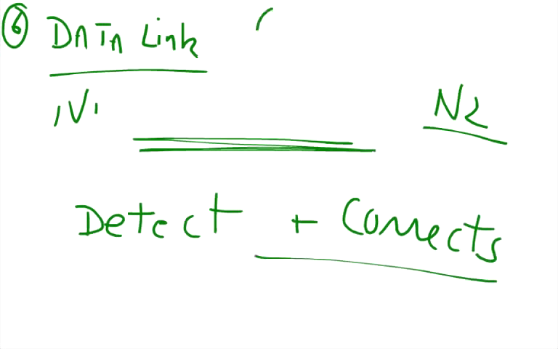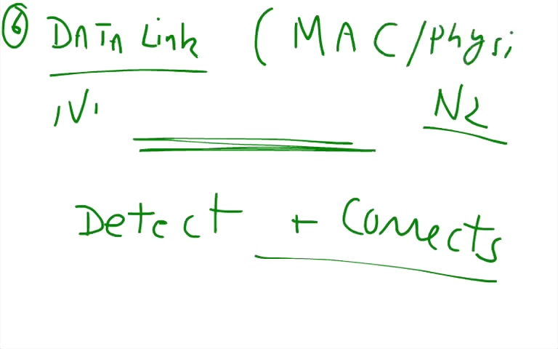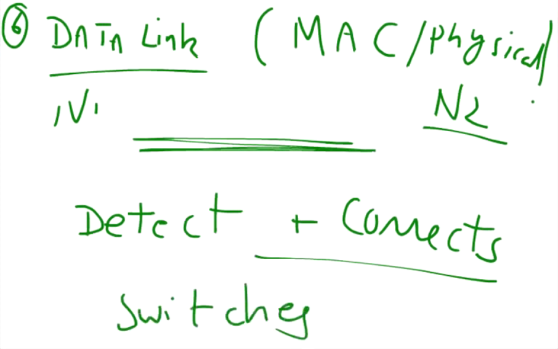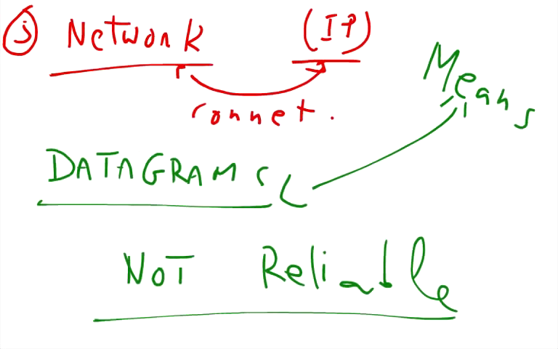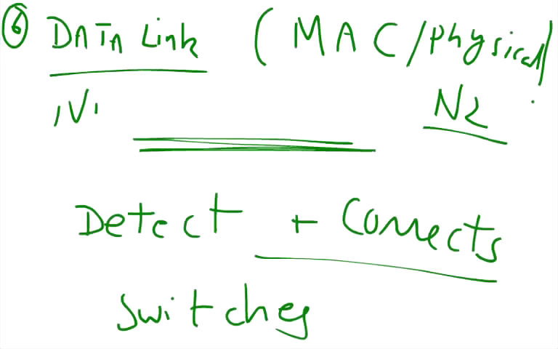And at the data link layer, the system assigns MAC or physical addresses to the packets, and our switches work at the data link layer, and usually our routers work at the network layer.